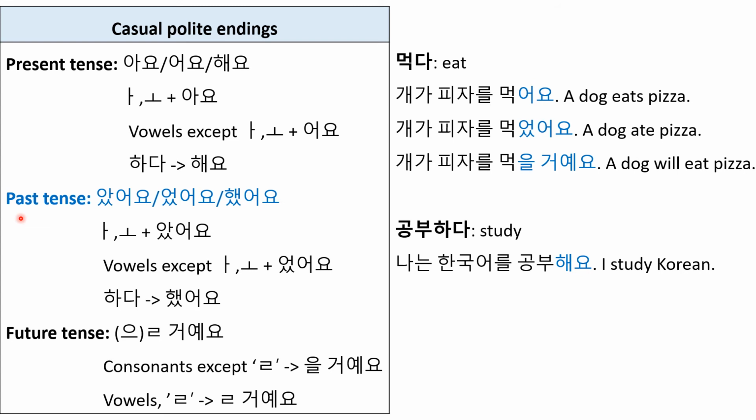What would be the casual polite past tense ending for the 공부하다? Casual polite past tense verb endings are 았어요, 었어요, 했어요. If the last vowel of the stem is 아 or 오, the verb ending is changed into 았어요. If the last vowel of the stem is not 아 or 오, the ending should be changed into 었어요.